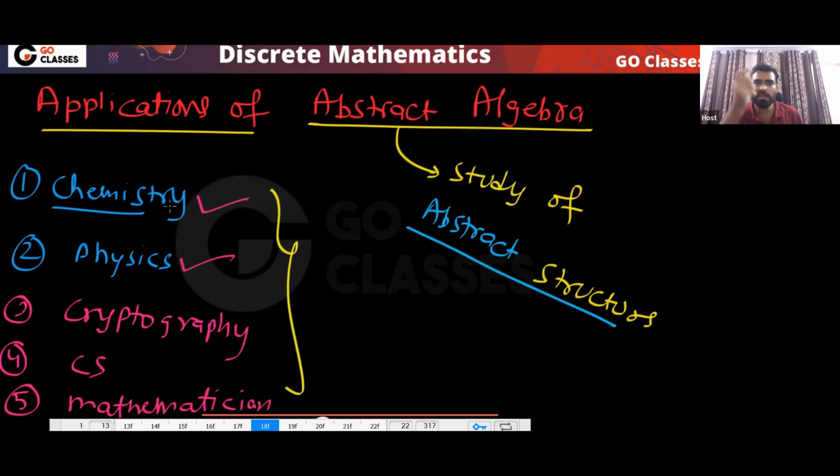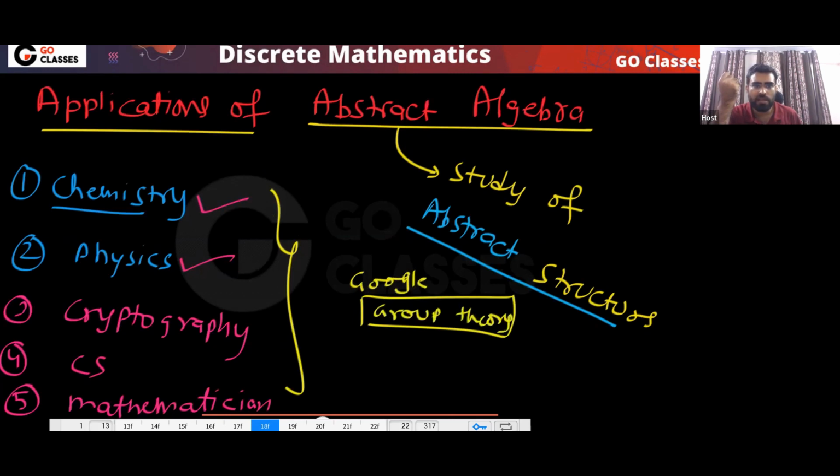In chemistry also, people study abstract algebra. Let me tell you, if you go on Google and just put the word group theory and open 20 articles, then some articles will be from chemistry, some from physics, some from cryptography, some from computer science, some from mathematics.